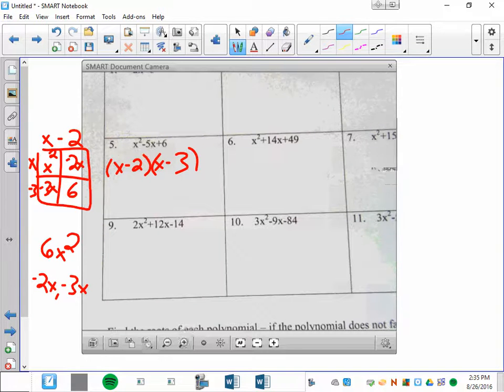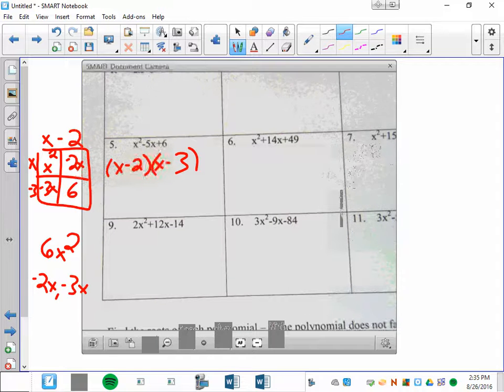If you take x minus 2 and x minus 3 and multiply them together, it will simplify to be x squared minus 5x plus 6. Yes? We'll get there, yes. That's on the next section. So yes, that will come, but not yet.